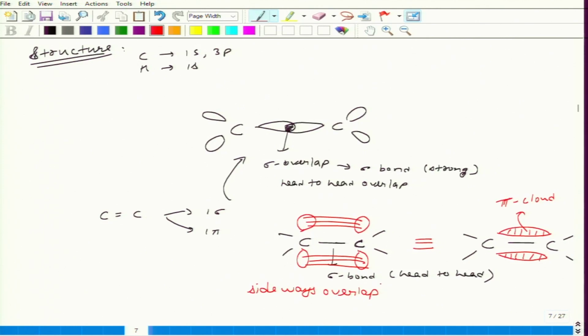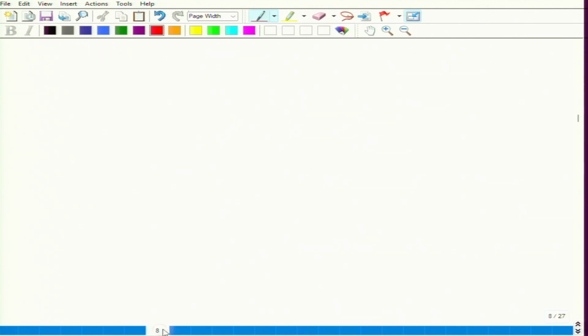So what structure did we get in the end? These were the pi clouds, and this will give the structure as C single bond C, H, H, and there will be a pi bond.